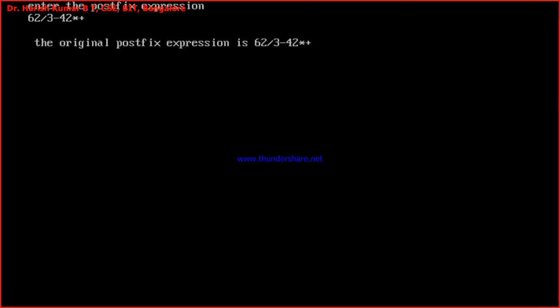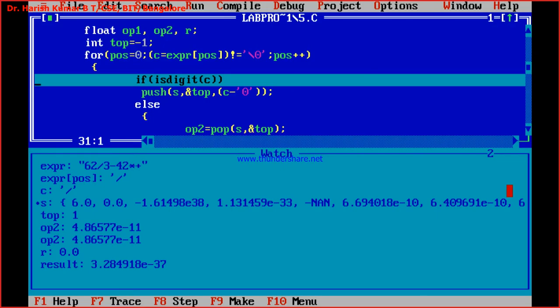Alt F5. I've given it 2 only. 50 minus 48, 2.0.